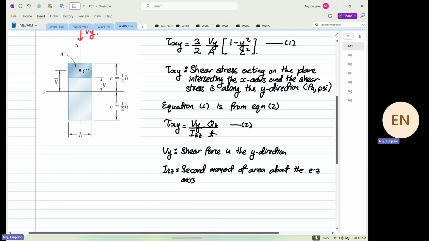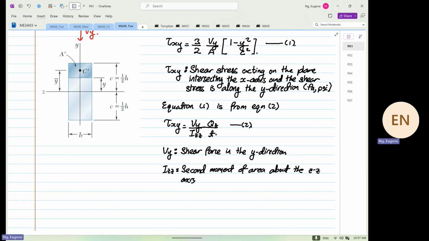Now, in this topic, the most confusing part, I'm going to put an asterisk down here. You have to focus on this. Is your Qz. Qz defines the first moment of area about the z-axis. Okay, first moment of area.